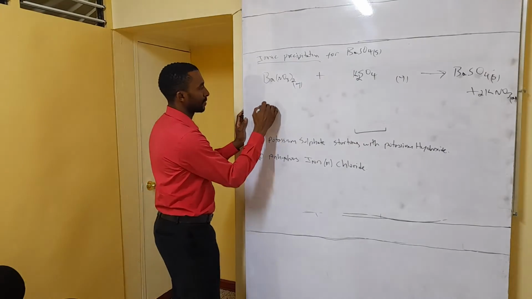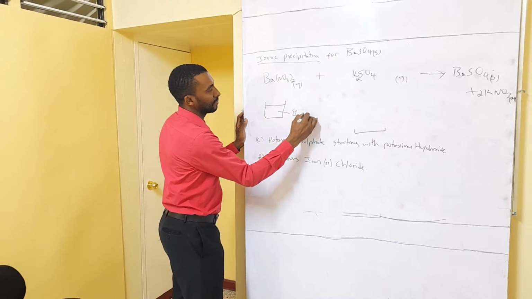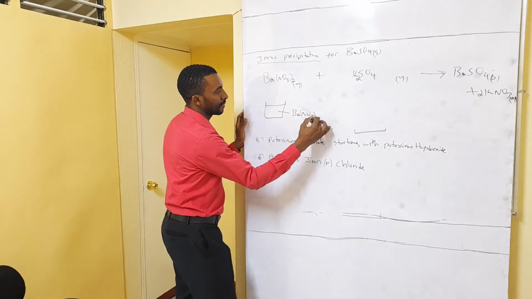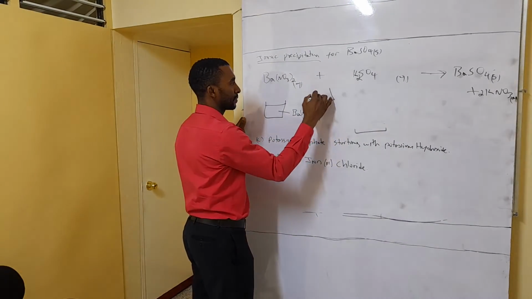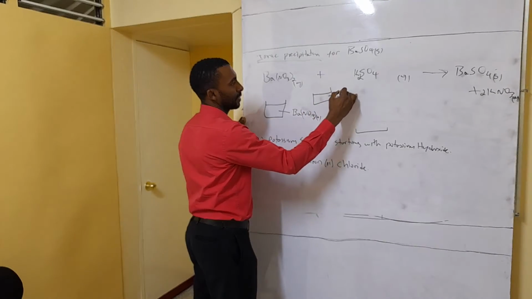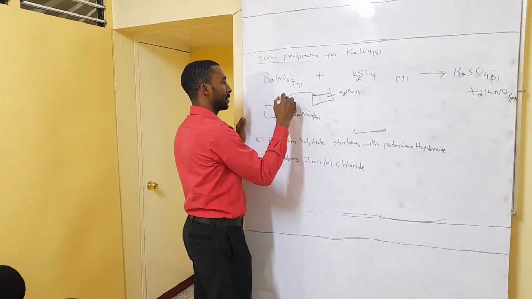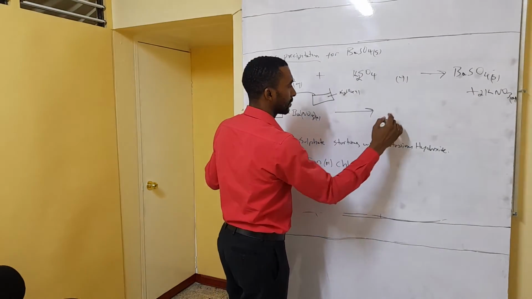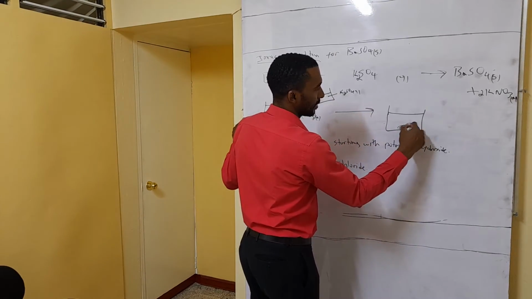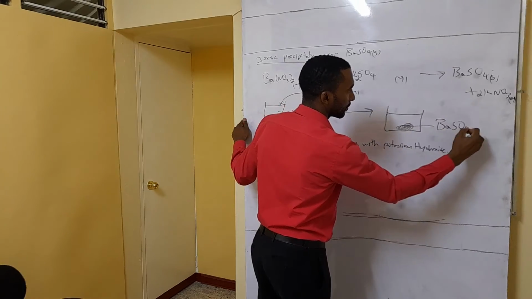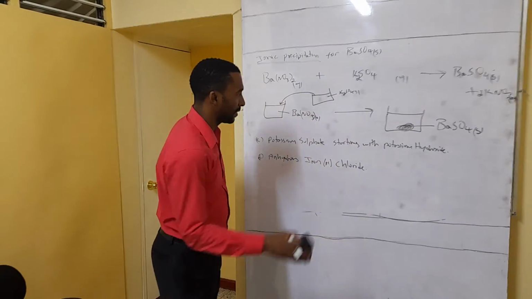So this is how it's going to go. One container will have barium nitrate. In the next container we have potassium sulfate, and we're going to pour this over into this one. What we're going to get here is barium sulfate precipitating out of solution, and we're going to filter it.